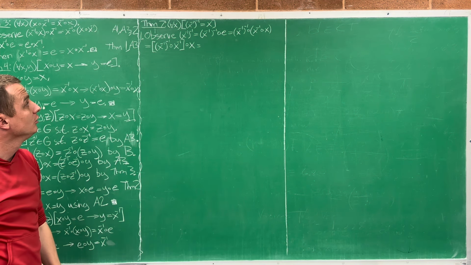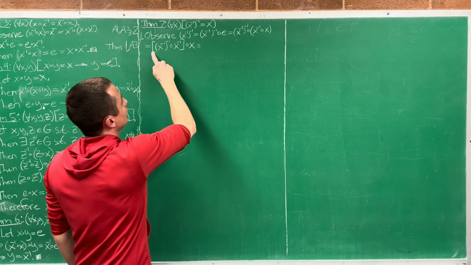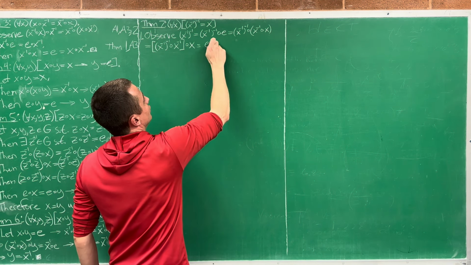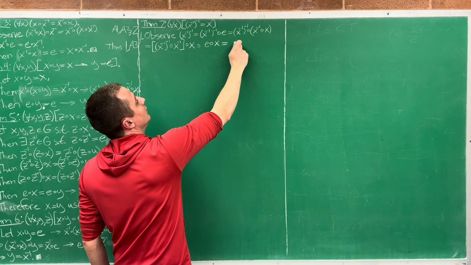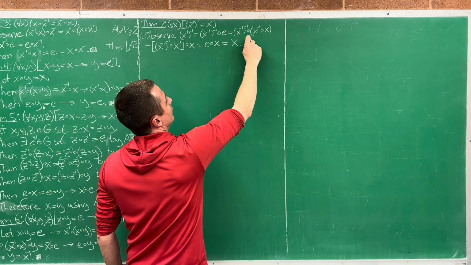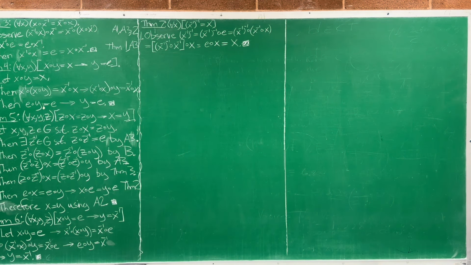So a thing circled together with its inverse is E. So this is just E circle X, which is equal to X. Nice, we did it. Woohoo.